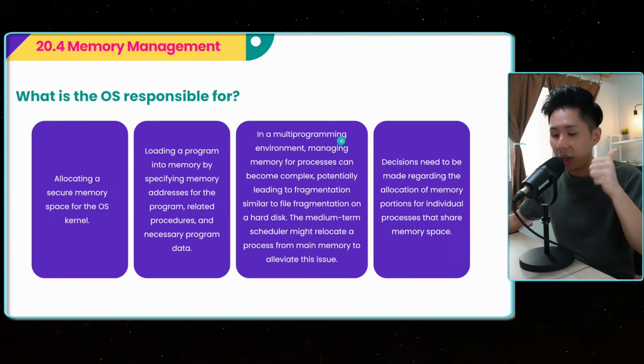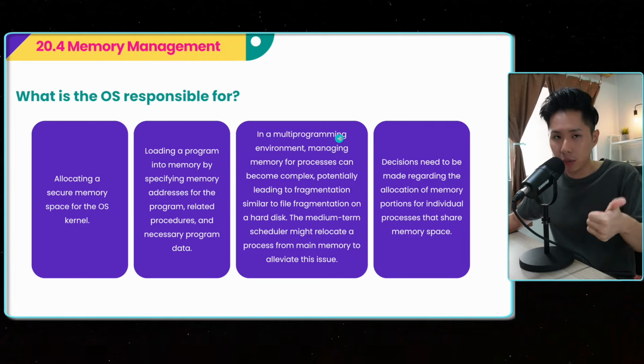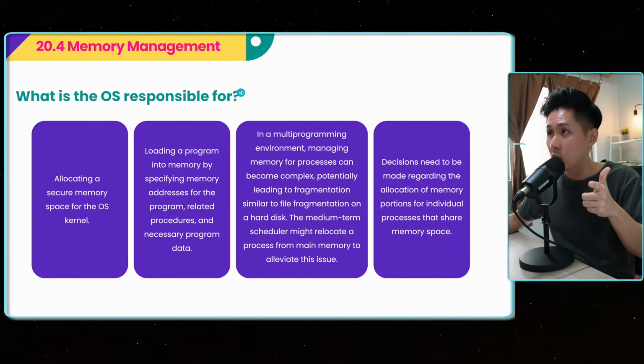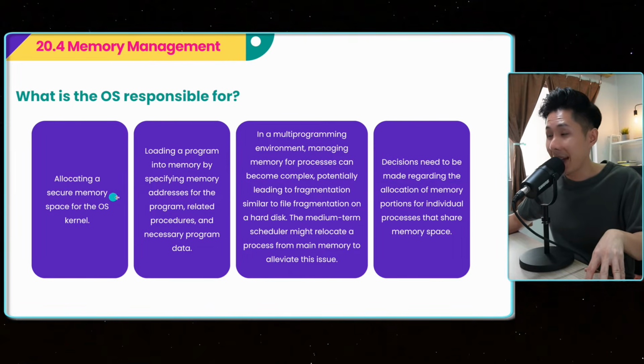Now, we know that the OS can handle, from the internal viewpoint, IO and CPU management. Now, this is how it manages memory. It allocates a secure memory space for the OS kernel, and then it loads a program into memory by specifying memory addresses for the program, meaning it allocates space for processes to run.